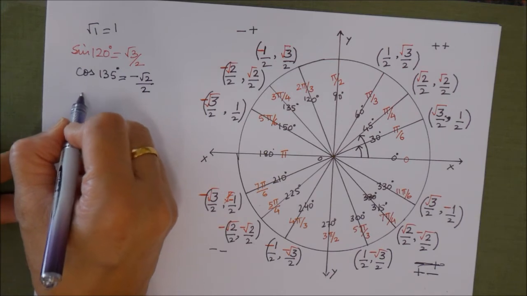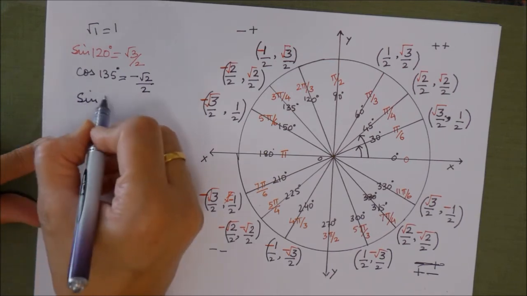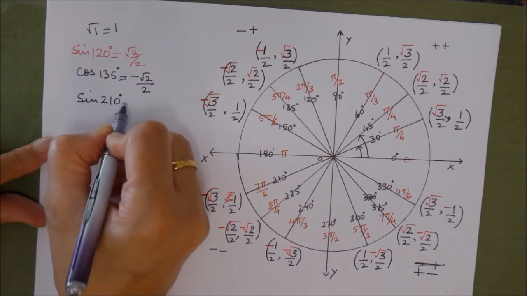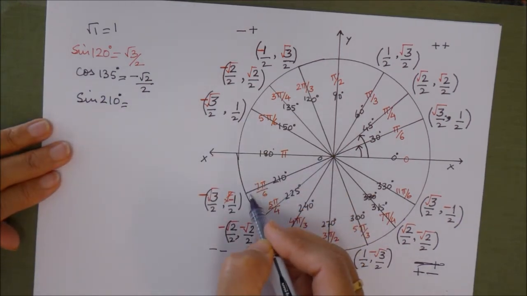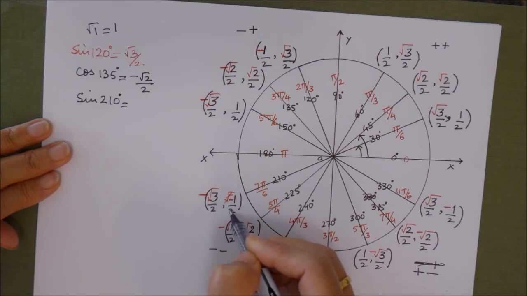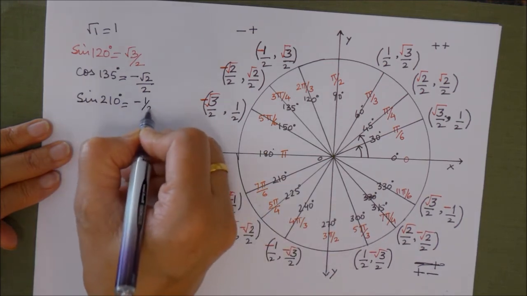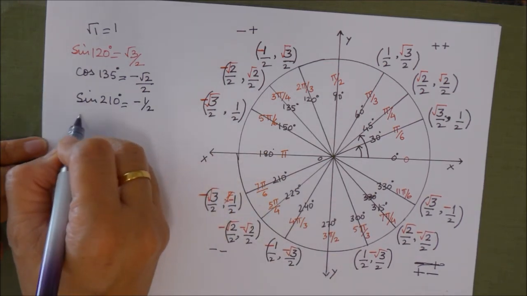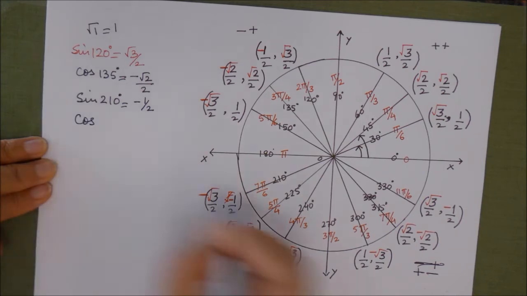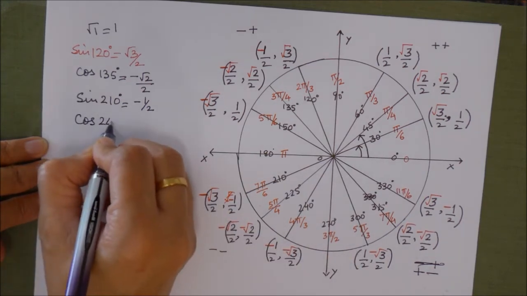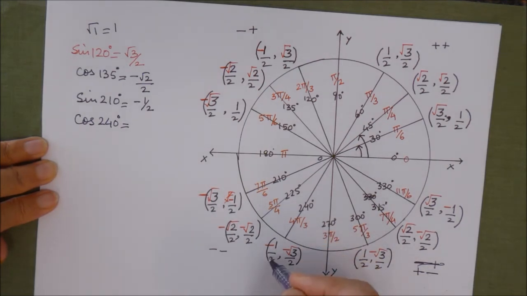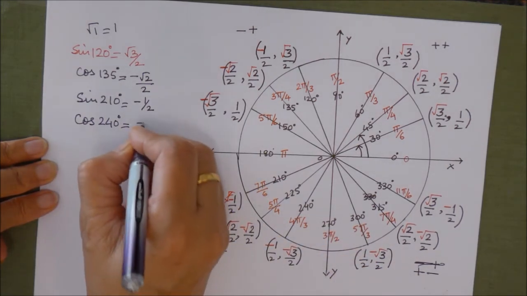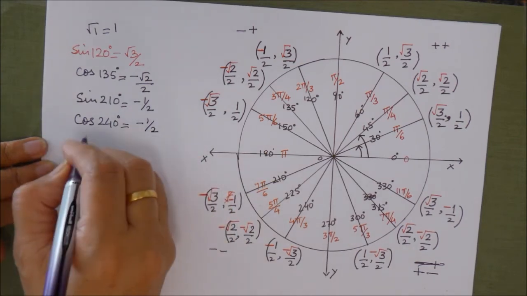Suppose we have to find sine of 210 degree. We go corresponding to 210 and sine is the y part, so it is minus 1/2. Suppose we have to find cosine of 240 degree. Cosine of 240 degree is the x part corresponding to it, so it is minus 1/2.